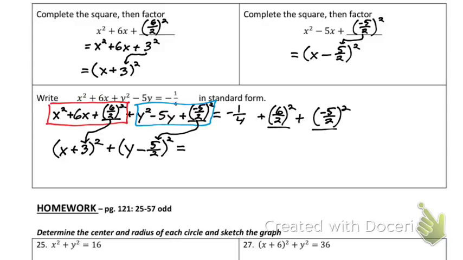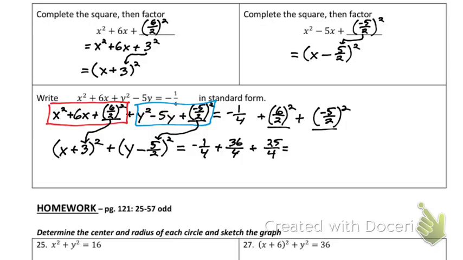And that's going to equal, well, negative 1 over 4, plus, I'm going to say this is 36 over 4. I didn't simplify it because I know the common denominator is 4, so why not just leave the denominator there? Plus, well, negative 5 squared is 25. 2 squared is 4, so it's 25 over 4.